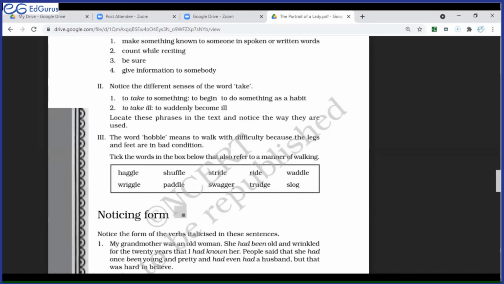Swagger meaning when you walk confidently or proudly. Okay. Then here it is waddle. Waddle meaning when you take short steps, right? When you are walking, taking short steps. Trudge and slog meaning when you walk slowly. Is that clear?